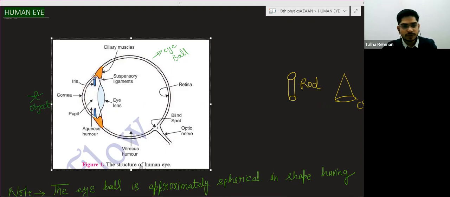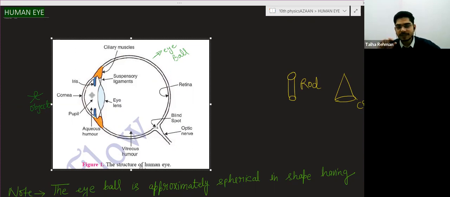Due to that, there will be some refraction of light here. After the refraction, the light enters into the pupil.